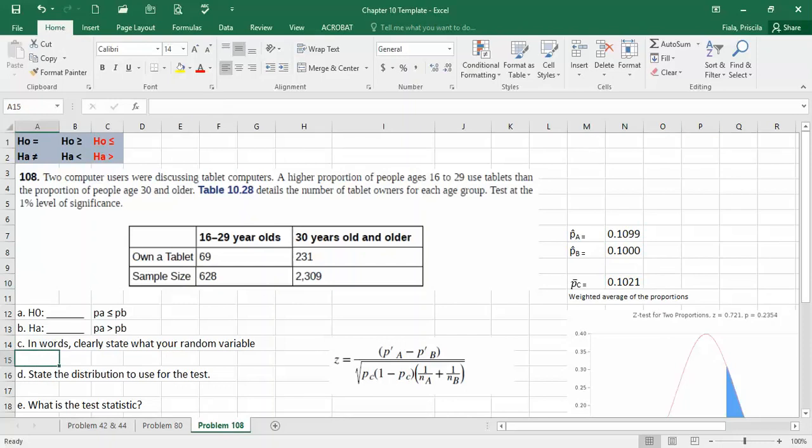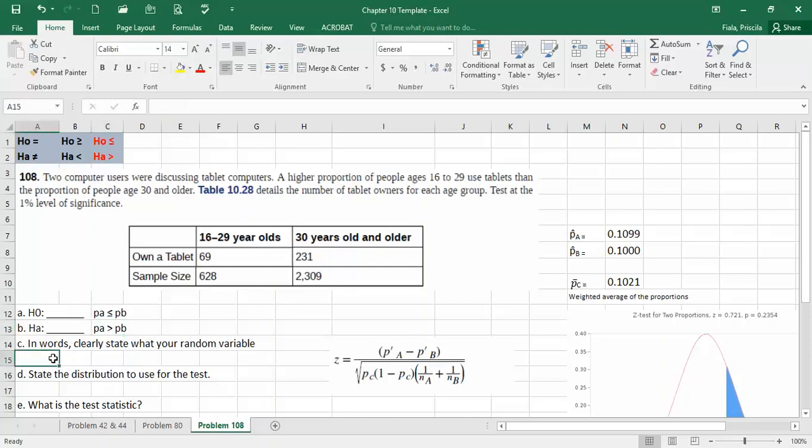In words, clearly state what your random variable is. We know we are working with proportion, correct? And it's telling you right here on the alternative that a higher proportion of people aged 16 to 29, or we have a higher proportion.